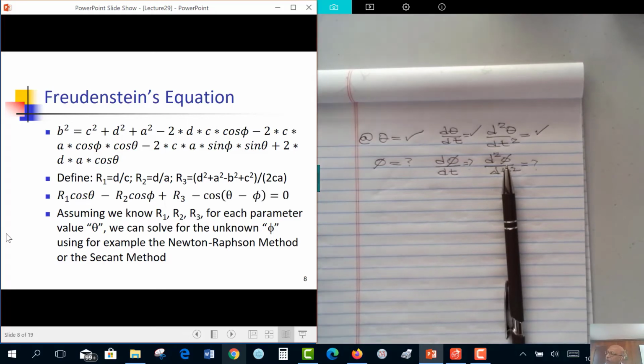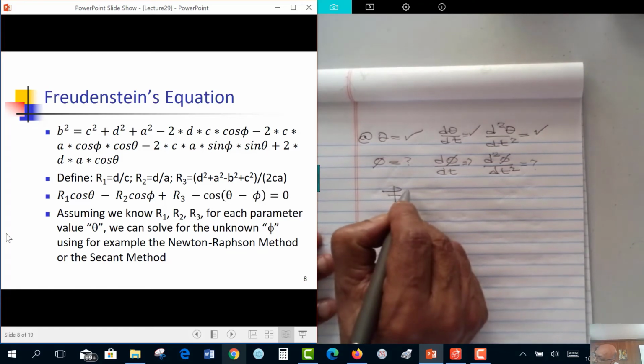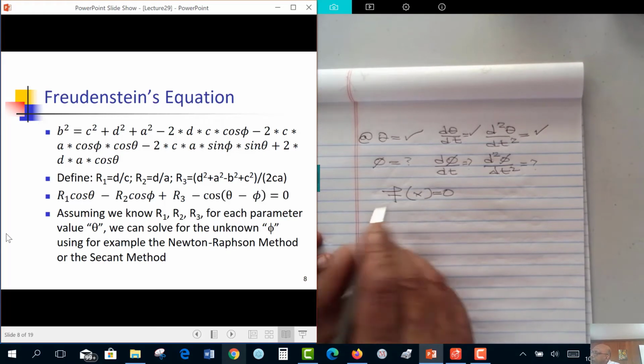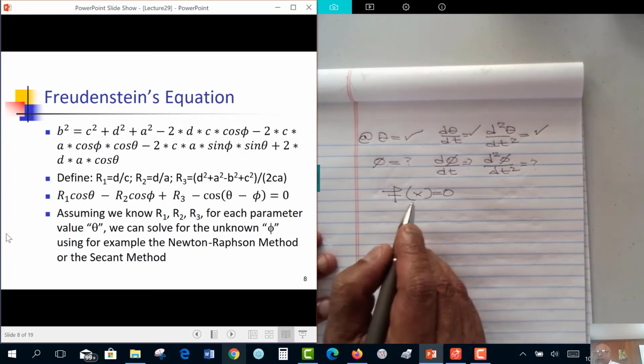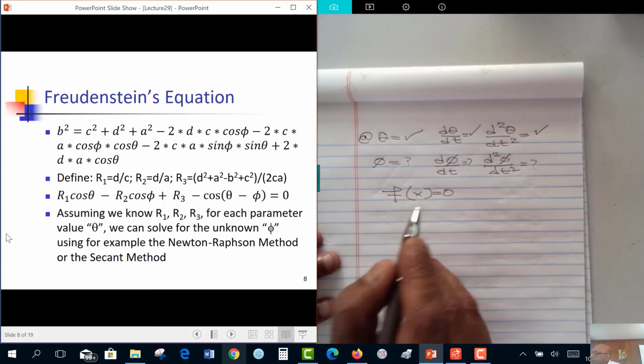So here, what we are going to do is use all of our procedures. In f(x) equal to 0, you learned that the best method is the Newton-Raphson method, and next best, if you don't want to take derivatives, is the secant method.